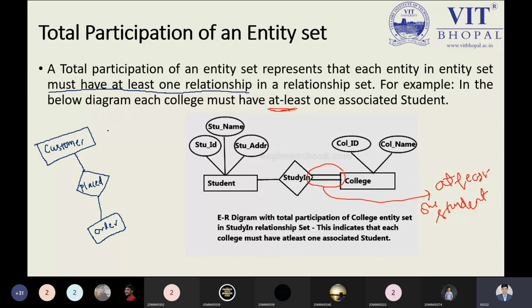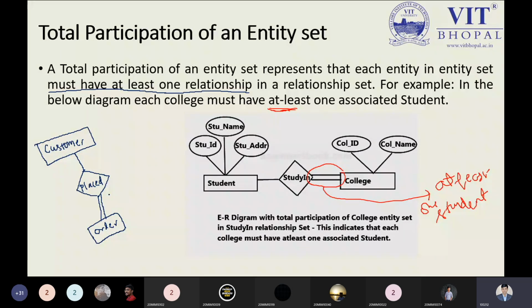That is my point. If I'm a customer, after visiting the restaurant, at least I will place one order. If I came to the restaurant and go without ordering, definitely it will be awkward. So it's a better idea to place at least one order. This will be represented by a double line, and that is known as total participation.